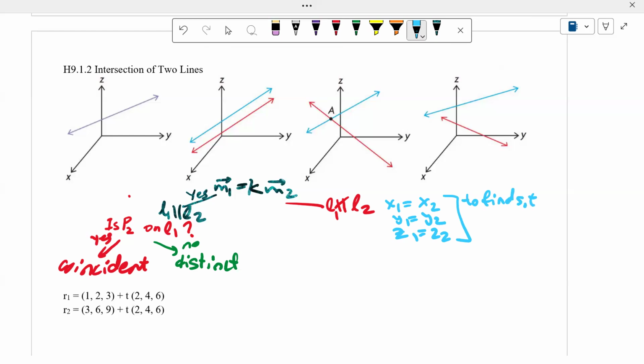Once we find S and T using two equations, then you put S and T in the third equation.